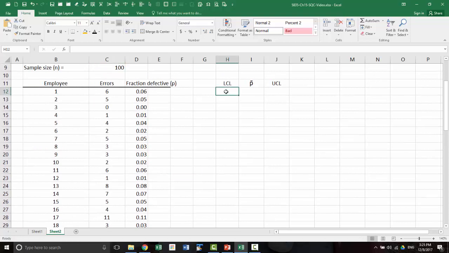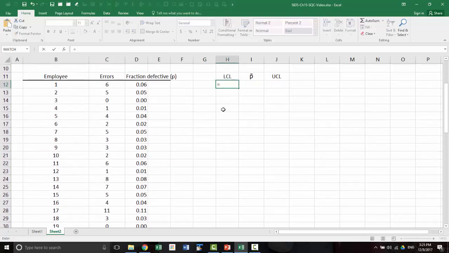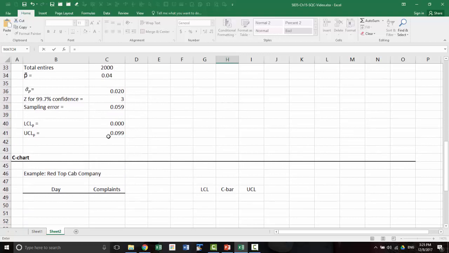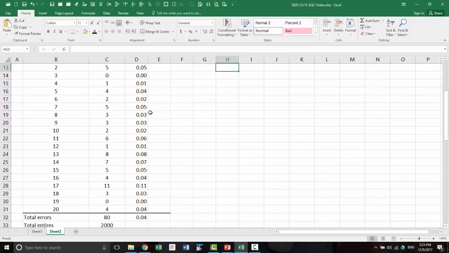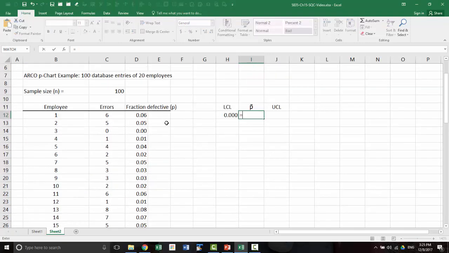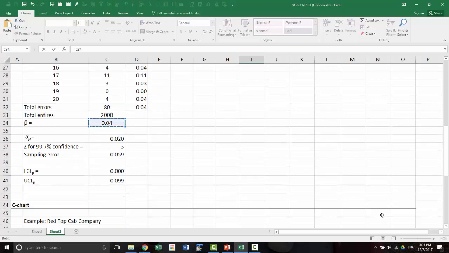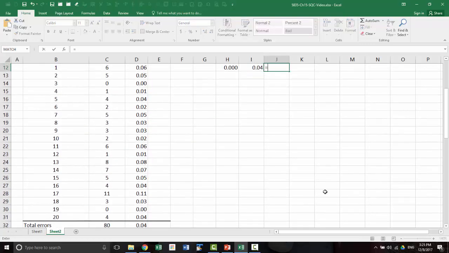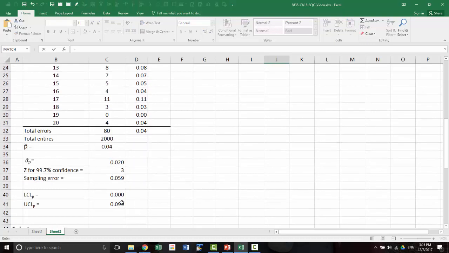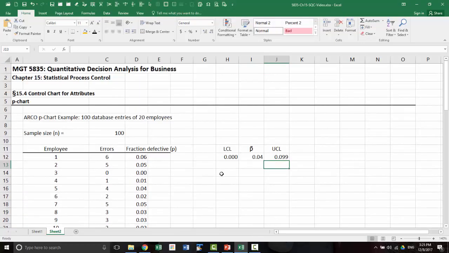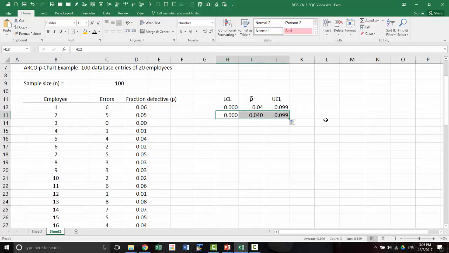So now let's set up the plot. We need the LCL, lower control limit, and then we want P bar, and then the upper control limit. You want that repeated for each of the 20 cases, so set that equal to the previous cell and copy down.